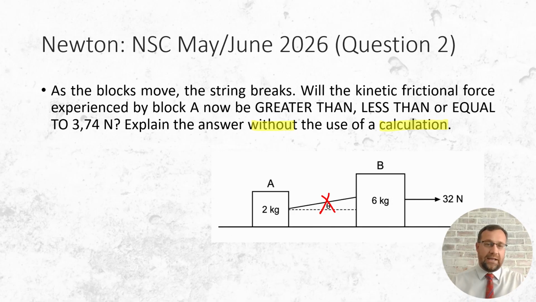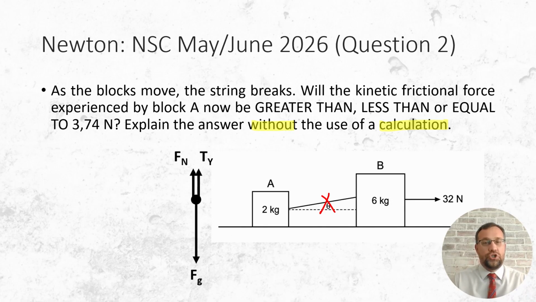Now think back to the previous question we just solved. There were two forces acting upwards on block A. It was the normal force and the vertical component of the tension. Now the string breaks. That means that the vertical component of the tension no longer acts on the block.